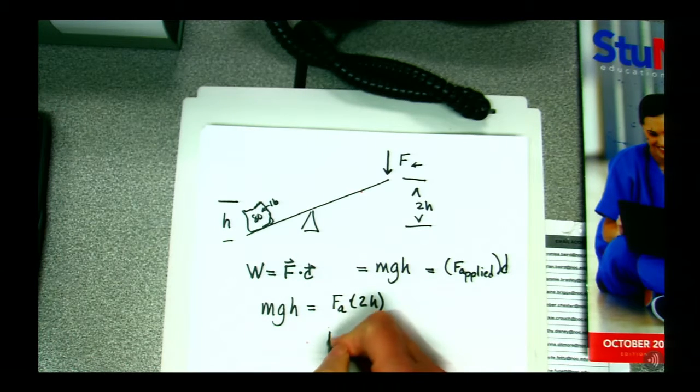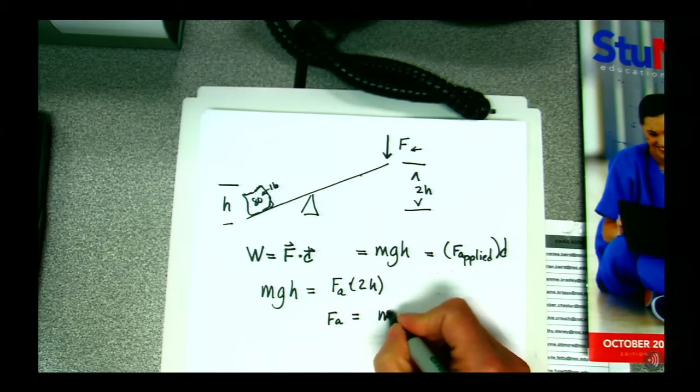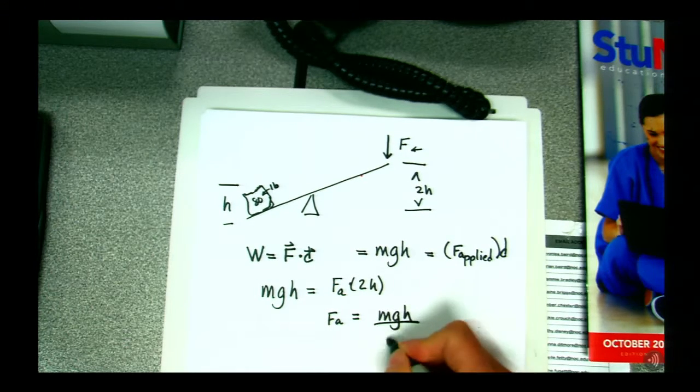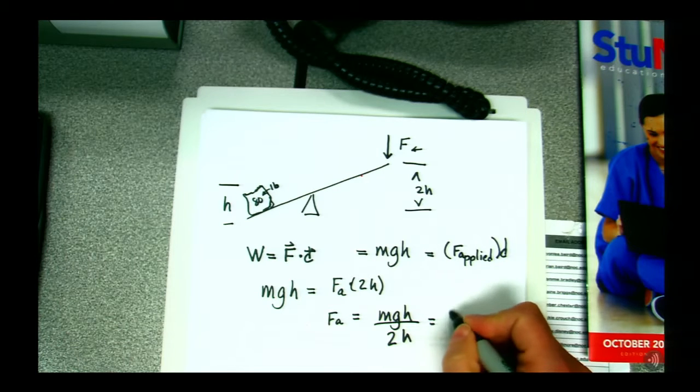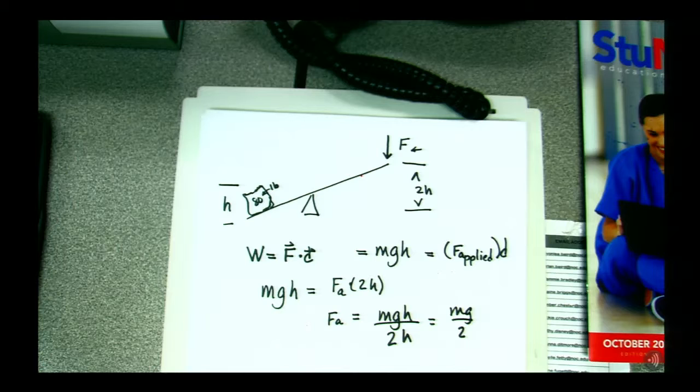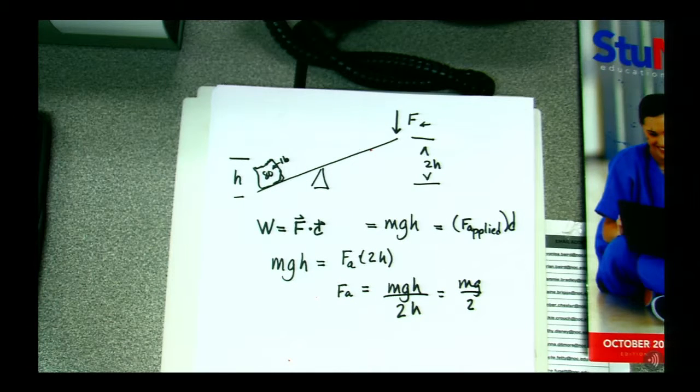So the force applied is going to equal mgh divided by 2h, which is just 1/2 the weight of the object I was trying to lift. I only have to apply half that weight. So I only have to apply 40 pounds of force to lift an 80-pound object.